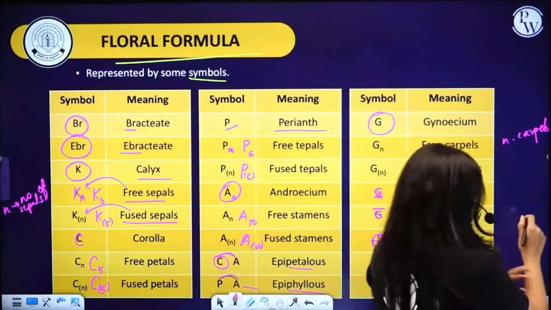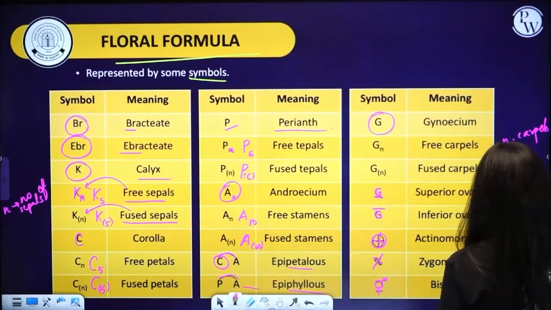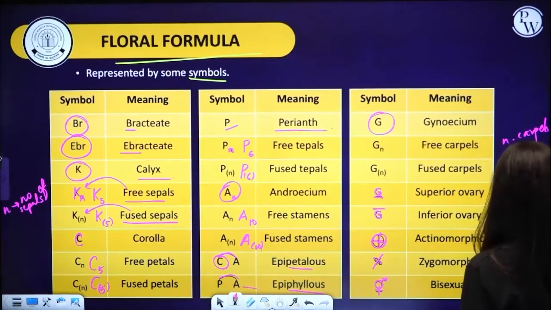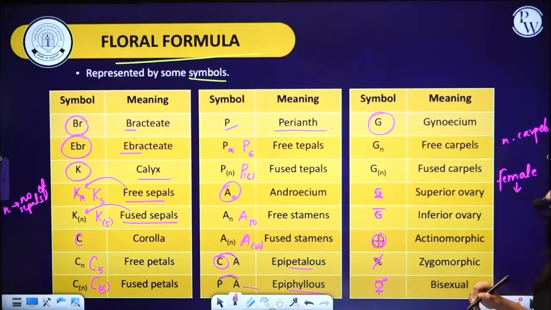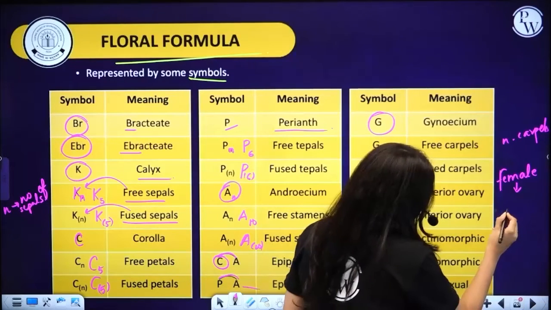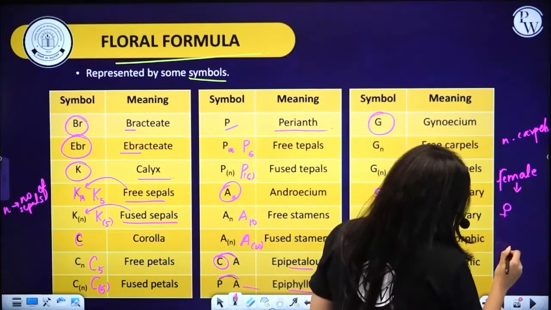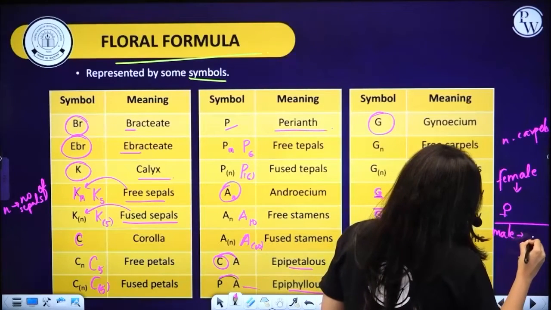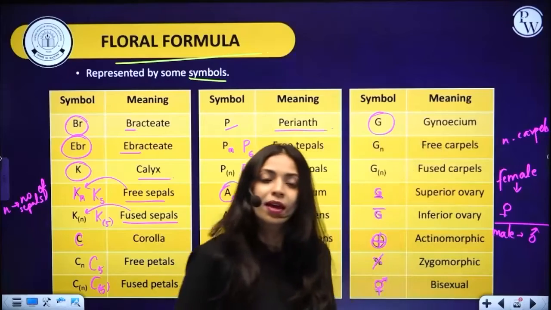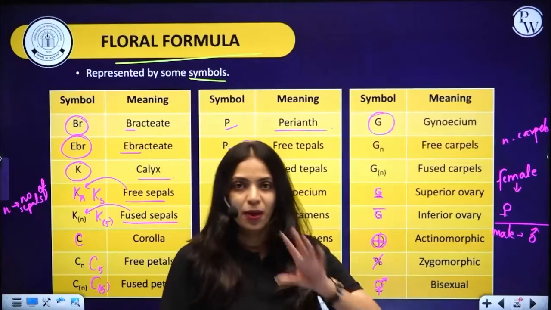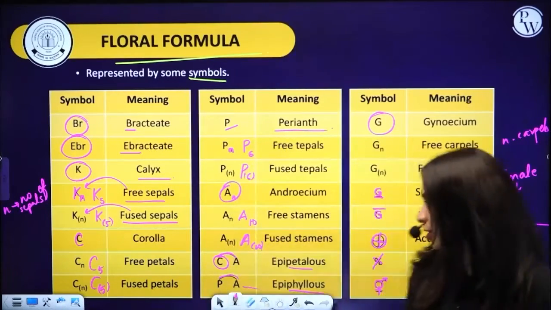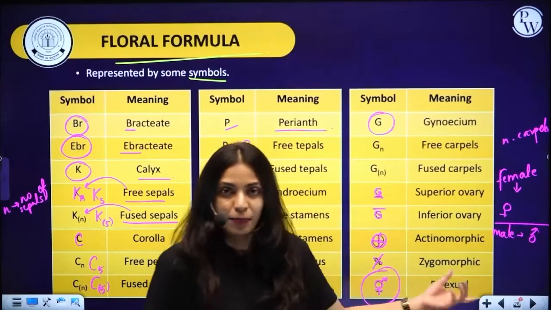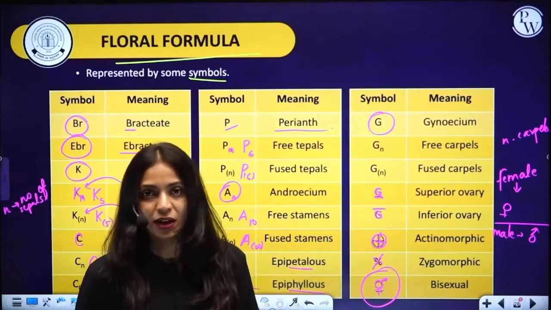If it is unisexual, if it is a female flower, then female flower is pistillate flower, right? If it is a female flower, it is represented by this symbol. If it is a staminate flower, it is represented by this symbol. If a flower has both androecium and gynoecium, then we represent it with this symbol, which is the symbol for bisexual flowers or a bisexual condition.